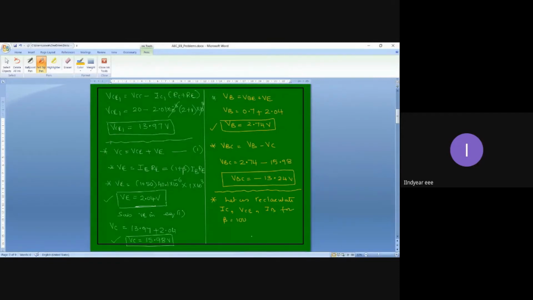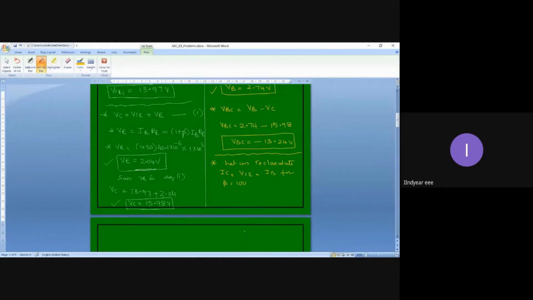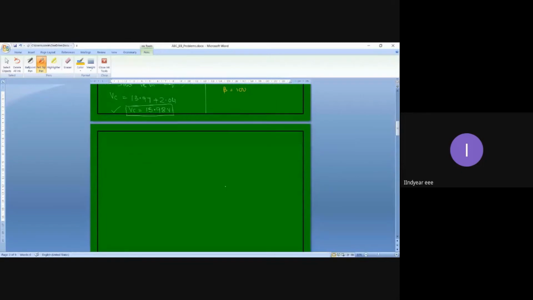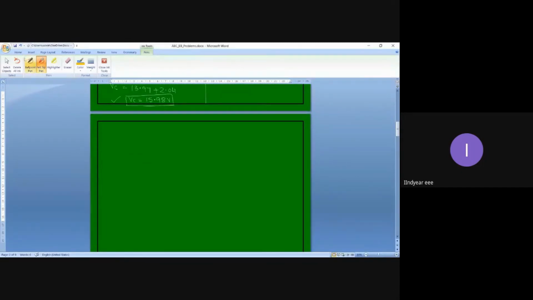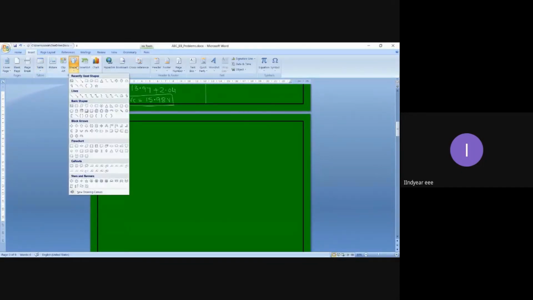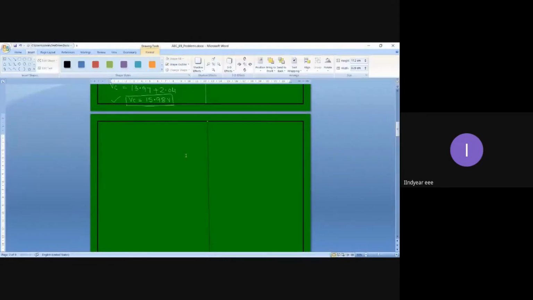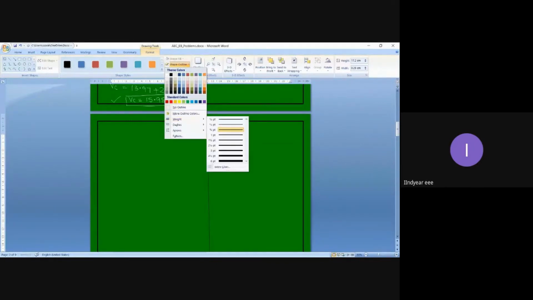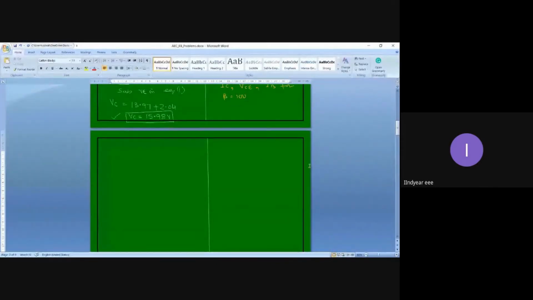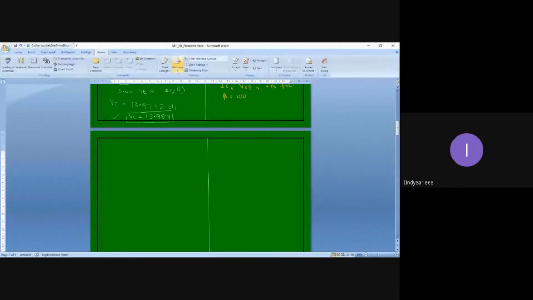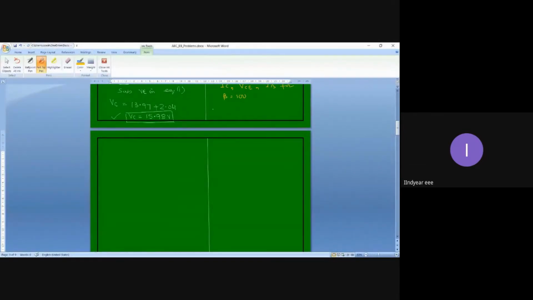So we have the IB2 expression, IB2 for beta 2.